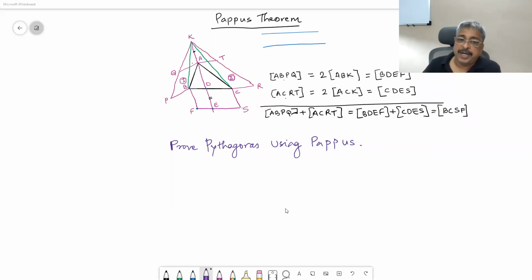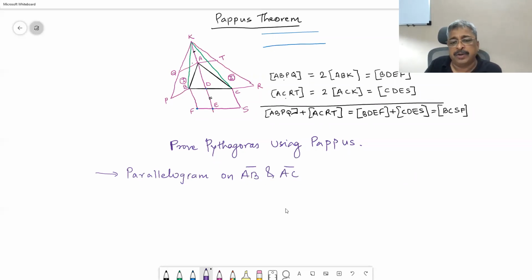So if we want to write down the proof of Pythagoras theorem using Pappus theorem, then the prerequisites of Pappus need to be satisfied. What was the prerequisite of Pappus theorem? Number one, parallelograms on AB and AC.